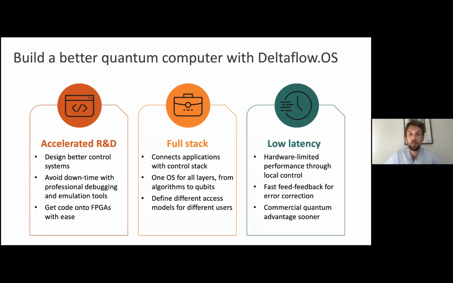The second important goal is that we believe that full stack visibility and full stack control of your system is important to leverage all the possible aspects of your quantum hardware and give you the extra oomph that you need to achieve your goals.